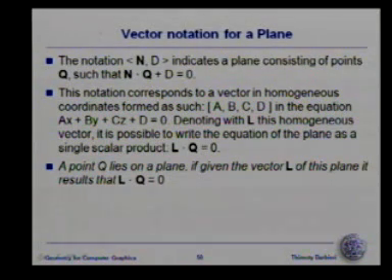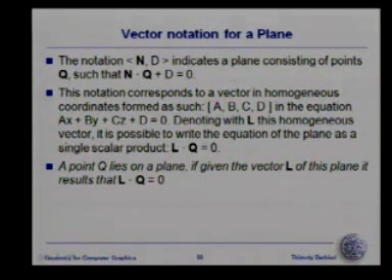If you think of this as a vector, A, B, C, D, with 4 elements, then you can write this equation, which is the equation of the plane, n scalar Q plus D equals 0, without using the addition. Let's say that this vector is called L, the homogeneous vector.